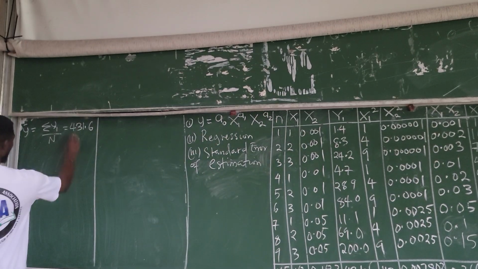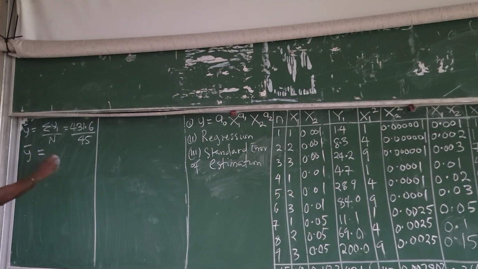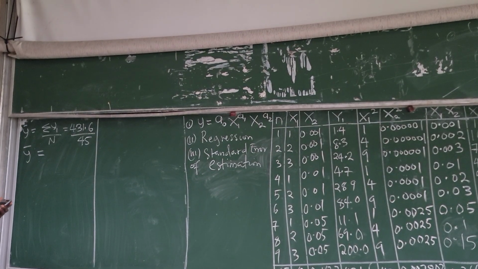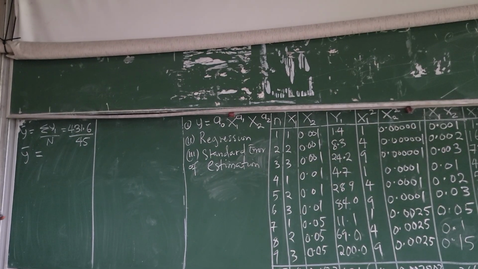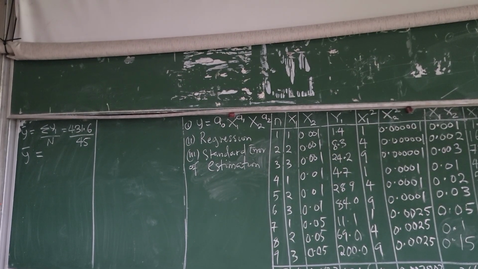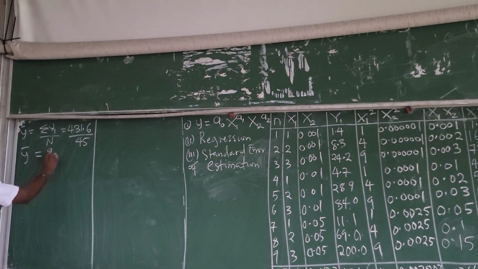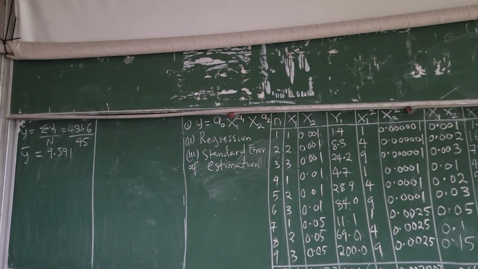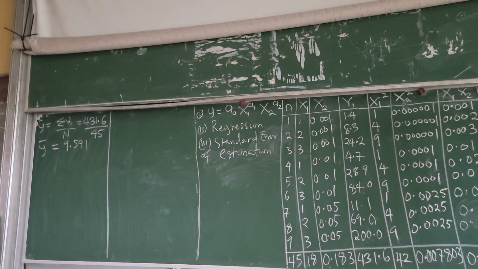So you have over 45. So your y bar will be equal to 431.6 divided by 45. That will give us 9.591. That is our y bar.